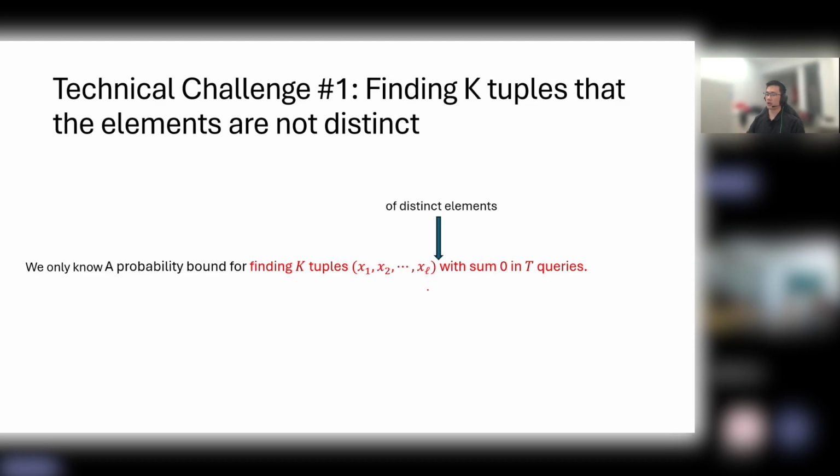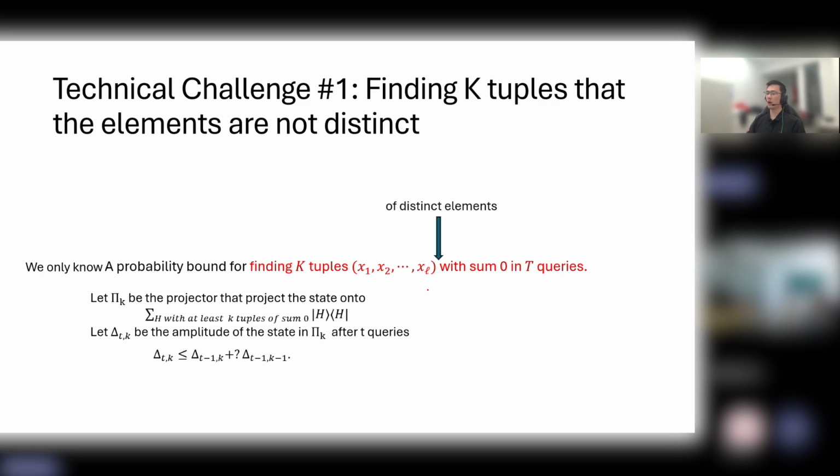Previously, we only know the probability bound for finding k tuples of distinct elements with t queries. Now we want to prove this. How do we prove this? It's a similar argument, but let's analyze why it fails here. Let's say we are doing the same progress measure. Let pi k be the projector onto the databases such that the database contains k tuples of sum 0, and let delta tk be the amplitude of the state.